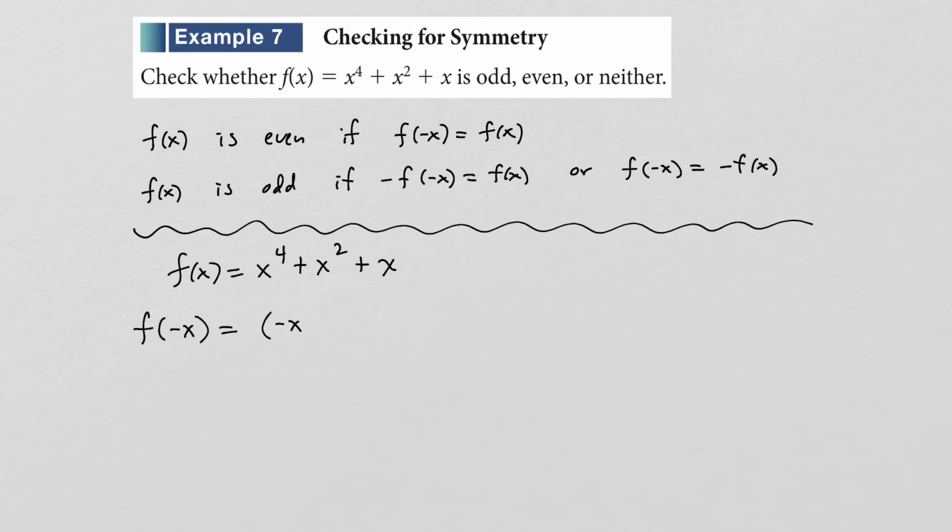So if we plug in -x, we get -x quantity to the 4th plus -x quantity squared plus -x. And raising a negative to an even power cancels the negative. So we get x to the 4th plus here we get x squared. But on the end, we have plus -x, and that's to the 1st power. So that's just going to end up being -x.